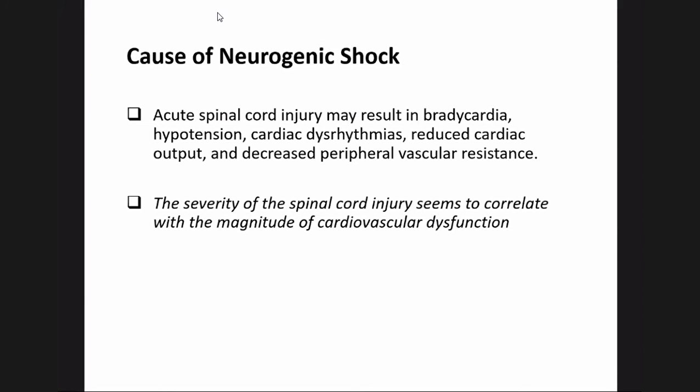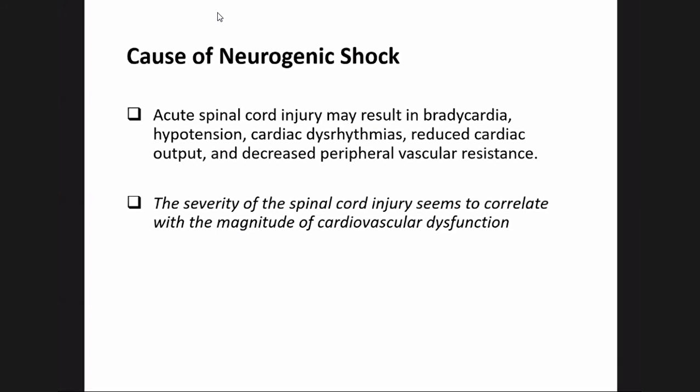So for the causes naman, acute spinal cord injury may result in bradycardia, hypotension, cardiac dysrhythmias, reduced cardiac output, and decreased peripheral vascular resistance. The severity of the spinal cord injury seems to correlate with the magnitude of cardiovascular dysfunction.